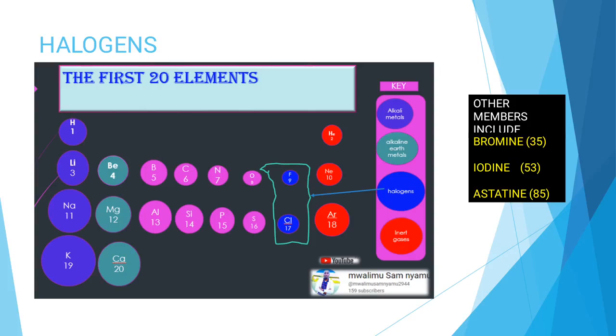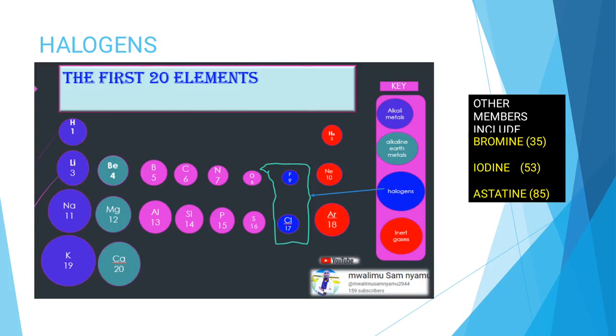As you can see on the board, we have elements that are referred to as halogens. They usually belong to group 7 of the periodic table. For the first 20 elements, we have fluorine followed by chlorine.